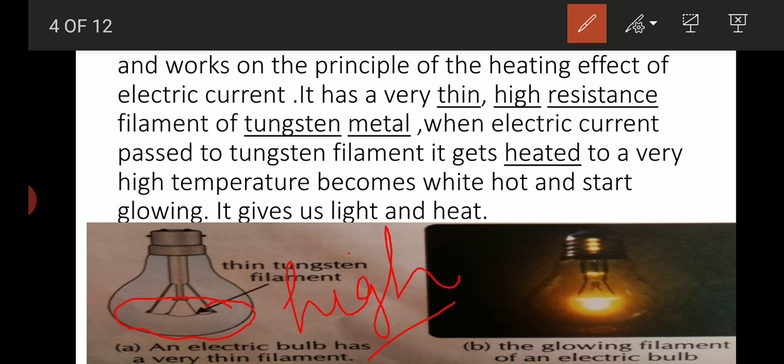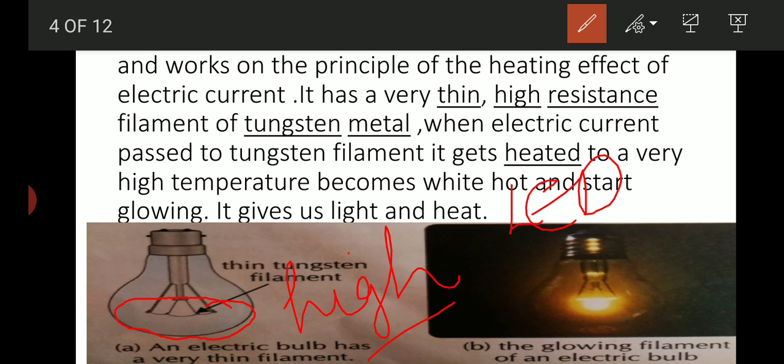An electric bulb also gives out heat, which leads to the wastage of electricity. So the wastage of electricity can be reduced by using LEDs. You have generally heard about LEDs, that is light emitting diodes, and CFLs, that is compact fluorescent lamps, for producing light. They do not work on the principle of the heating effect of current because they do not have a filament.